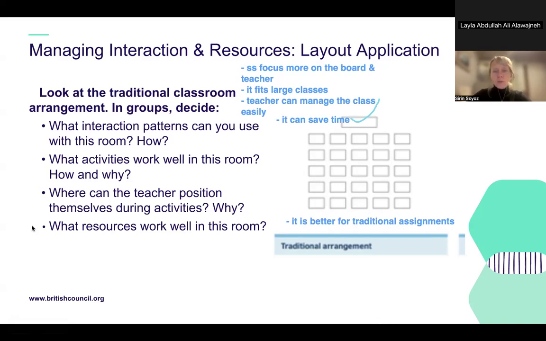Pair work you mentioned. Can you do group work with traditional arrangements? Group work, maybe sometimes we can say turn back, and we have a group of 4 students. Our seats in Jordan are big, they fit 2 students near each other.